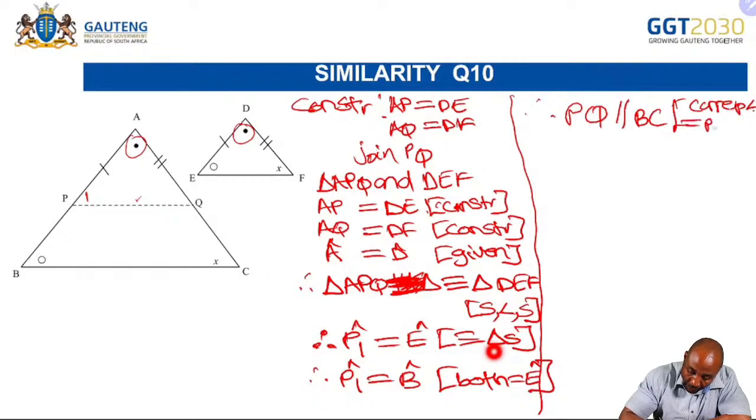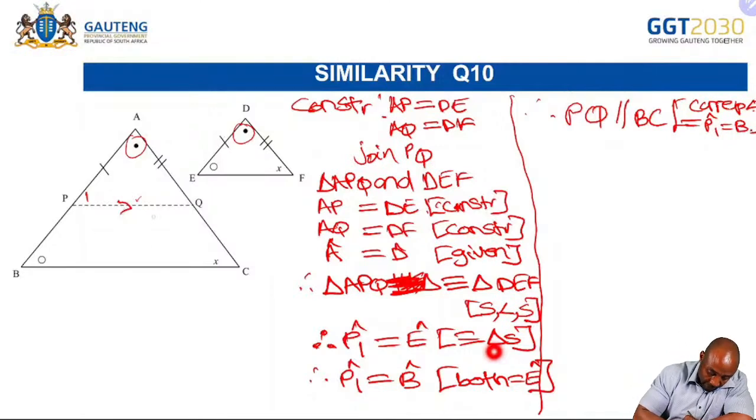Our angle P1 is equal to our angle B. So we will have parallel lines.